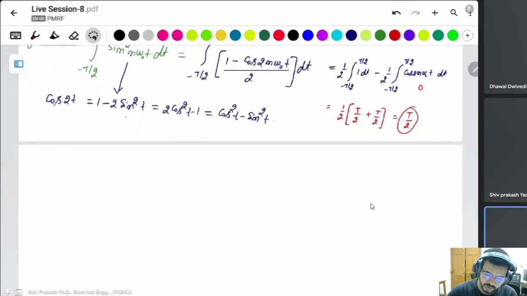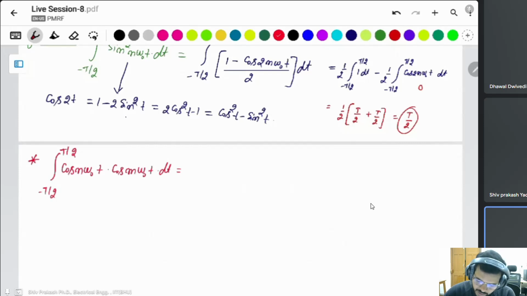Okay, same thing for the cosine signal also. Integration of minus T by 2 to T by 2 of cos m omega naught t into cos n omega naught t dt. This is also the same if m and n are not equal.